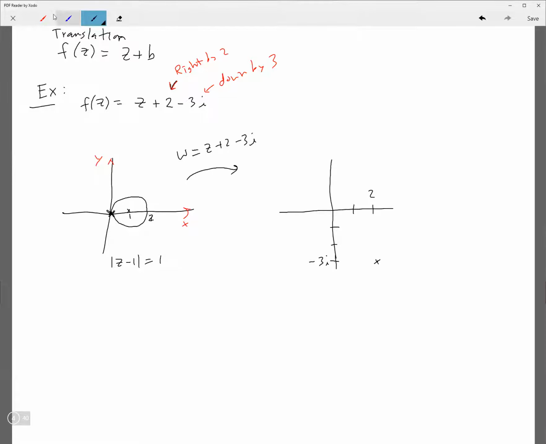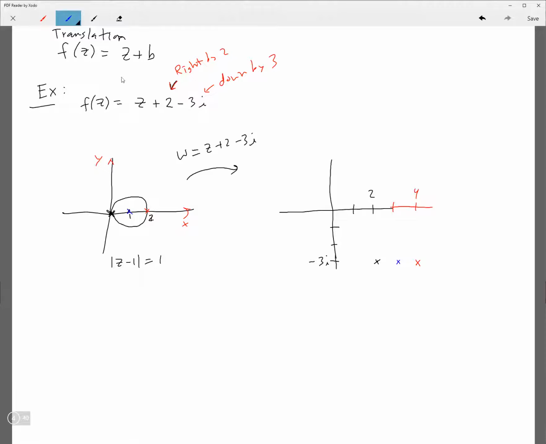This 2, I'll mark that with a red X. The 2 is just going to go to 4 minus 3i. That's going to go to here. And this 1 in the middle is just going to go to the middle, although that's not part of the circle. It's just a reference point.